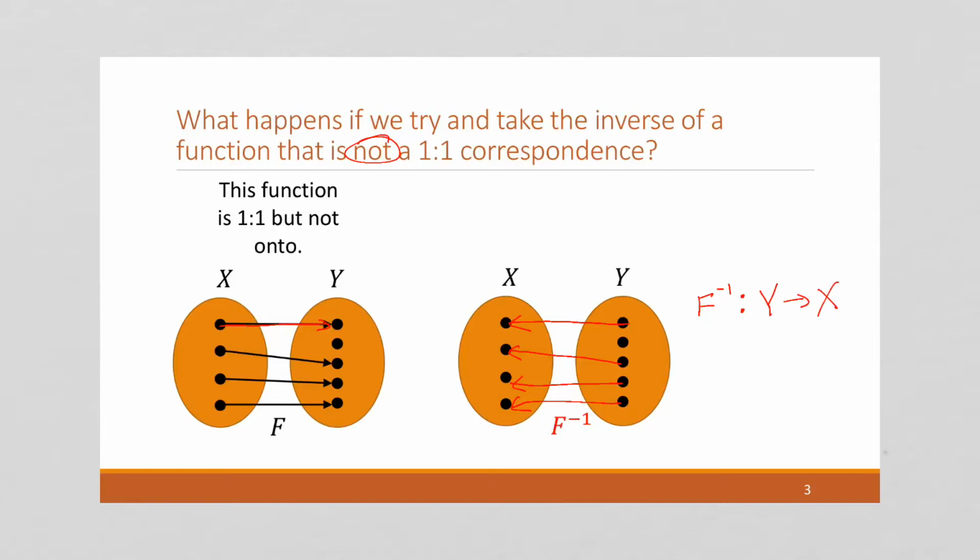So y is our domain. But we have an element in our domain with no matching element in the codomain.